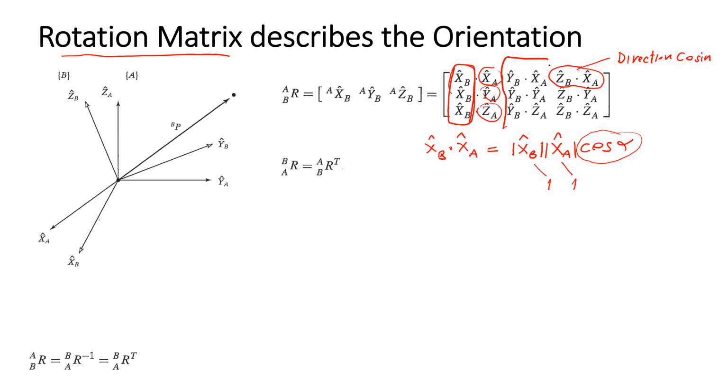Each column tells the information of how the unit vector of the frame B relates to each unit vector of the frame A. And if you see here, alpha may be the angle between XA and XB, so this component is described by this.